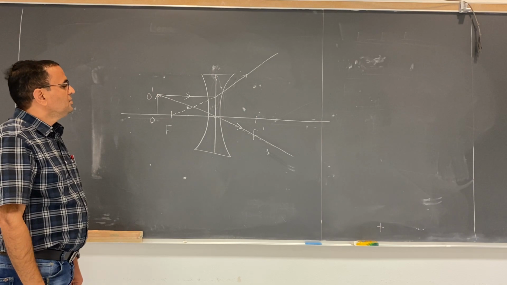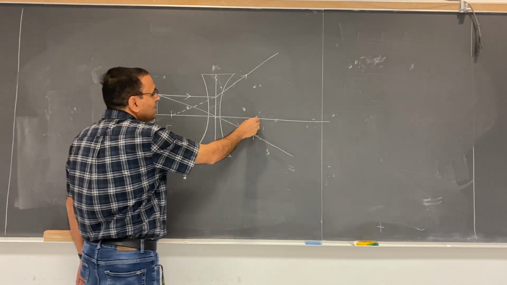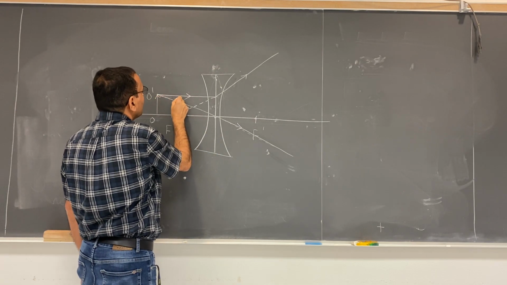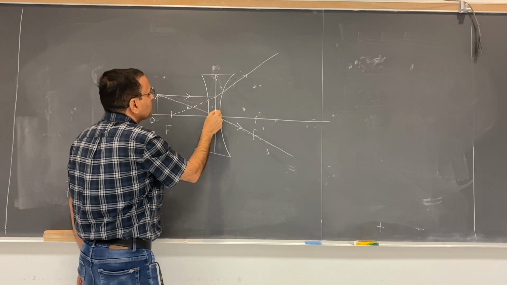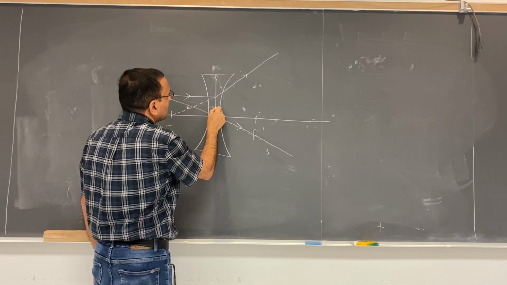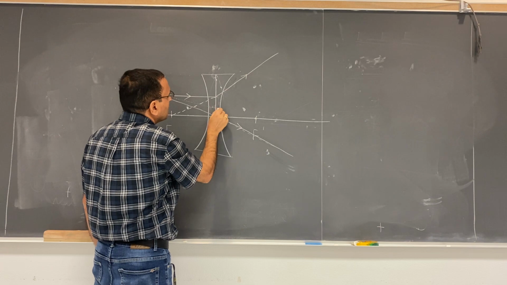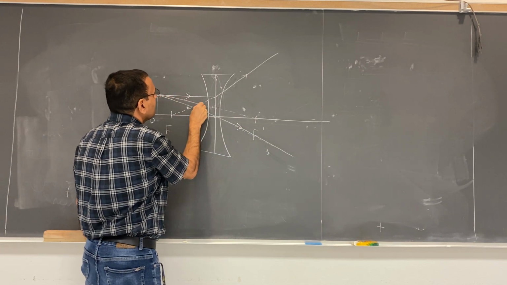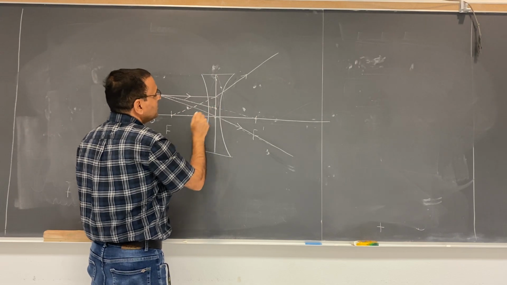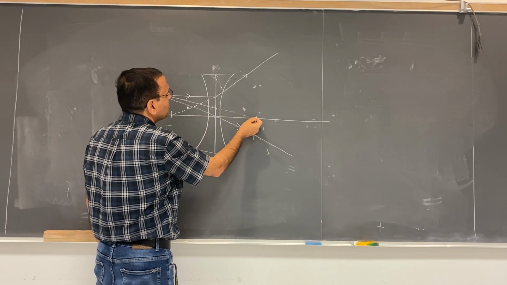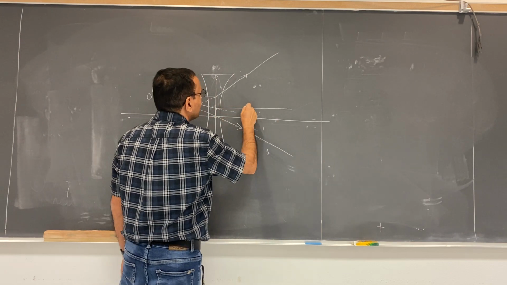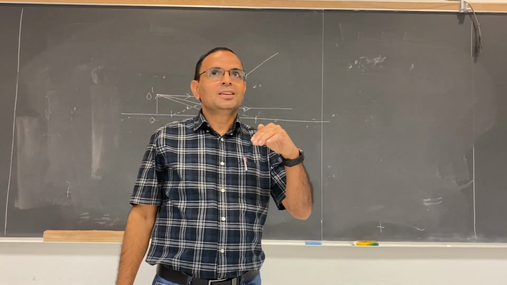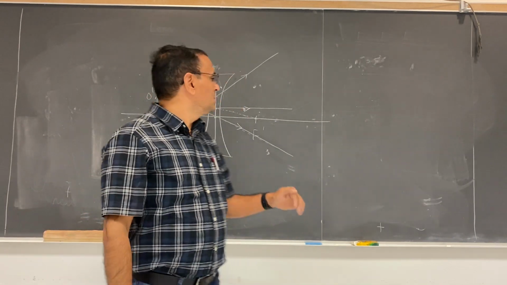So another ray, if you take from the focal point, it must go parallel to the principal axis, because I told you, if you take the rays from the focal point, then it must be parallel after.